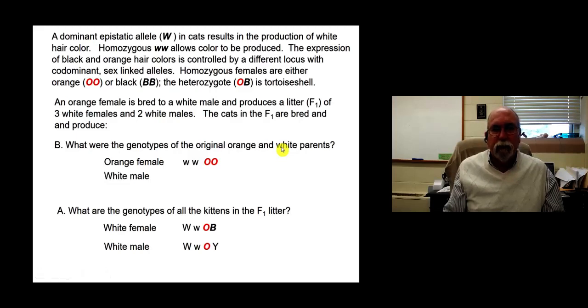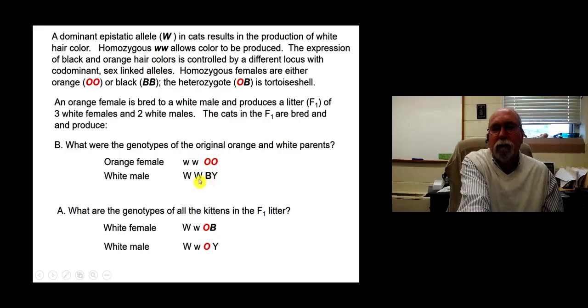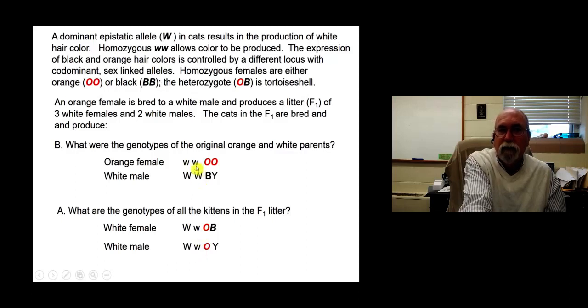Okay, now we can solve two alleles immediately, right? We know that he's got to have a big W and he's got to have a Y, right? All right. What about these two in the middle right here? Why did I pick a B and why did I pick a big W? Well, because all the progeny turned out to be white, right? If he were a little w, we'd expect some of the progeny to have had some color, and they didn't.